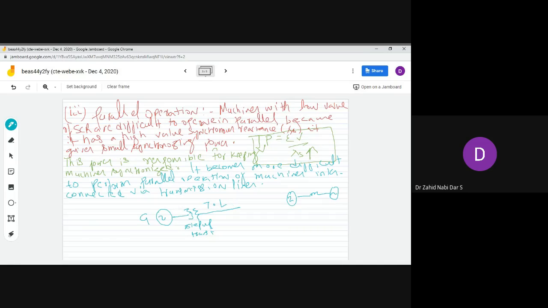Then another transformer, a step down transformer, then again a line, again some step down, and finally you give it to the load. The transmission line is predominantly inductive in nature, so it has some inductance. This inductance plus the generator's inductance adds up. That is one of the reasons why this is happening.